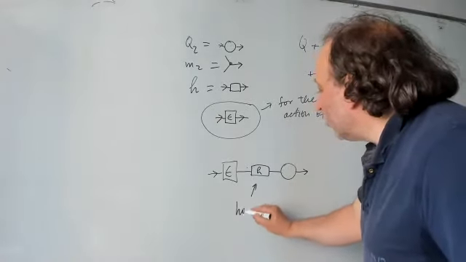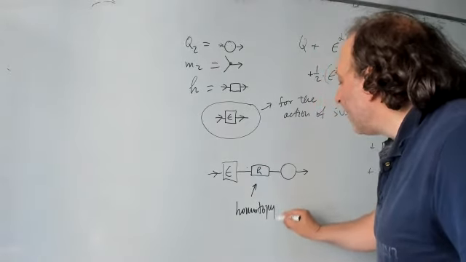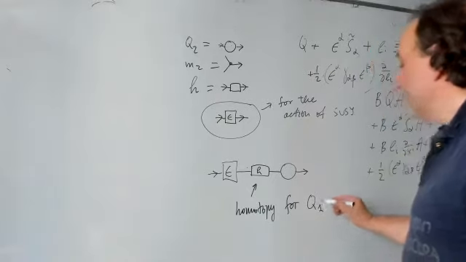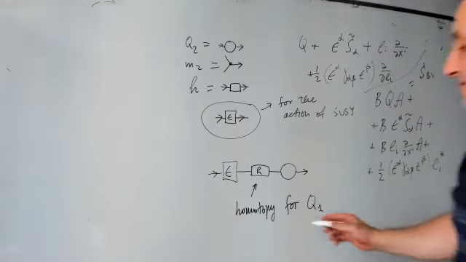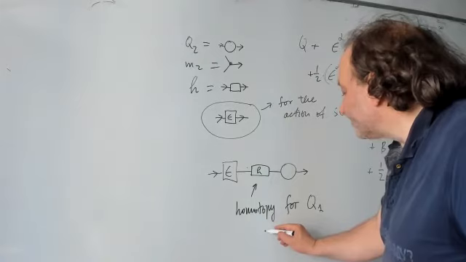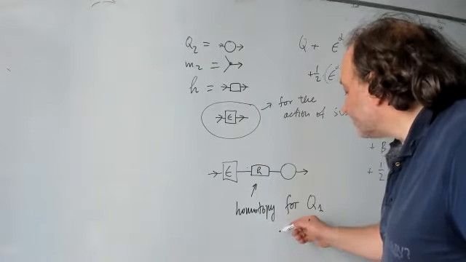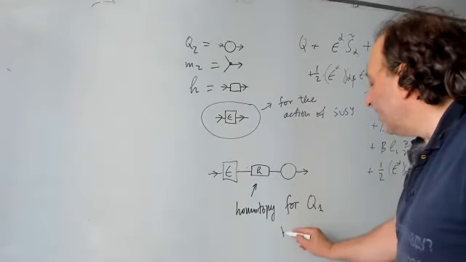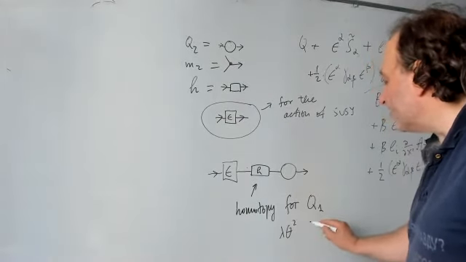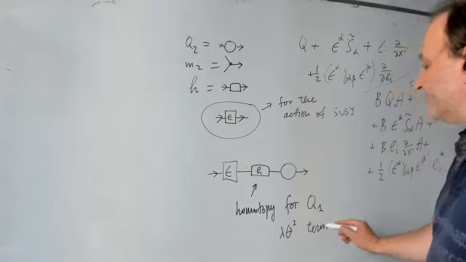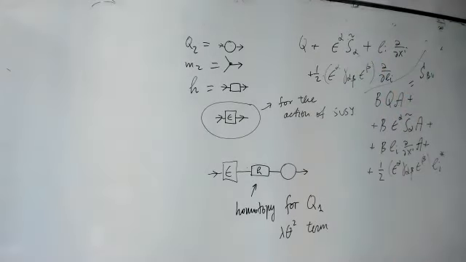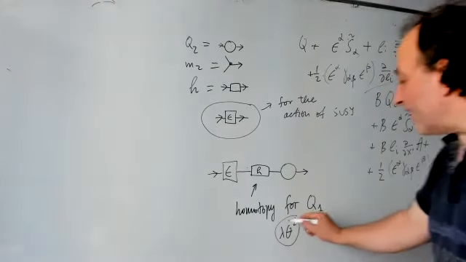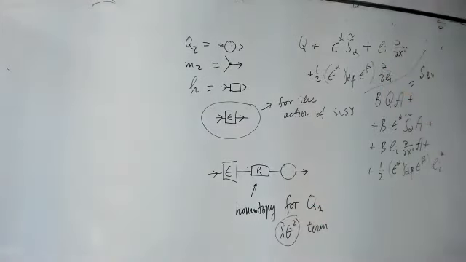H is homotopy for Q1 that inverts it for the lambda theta square term, for the lambda square theta square term.